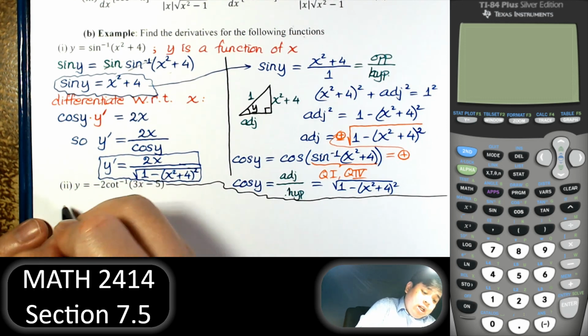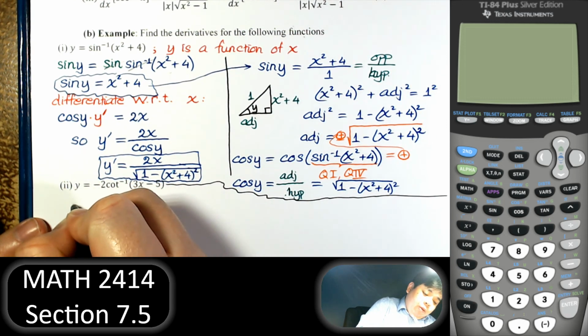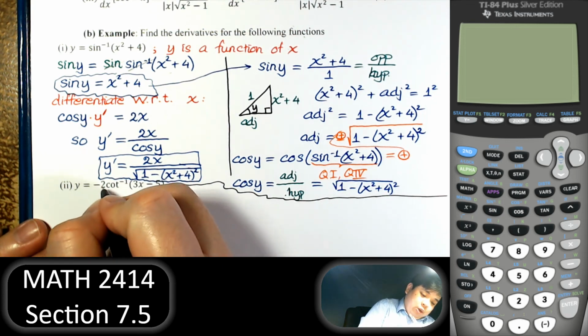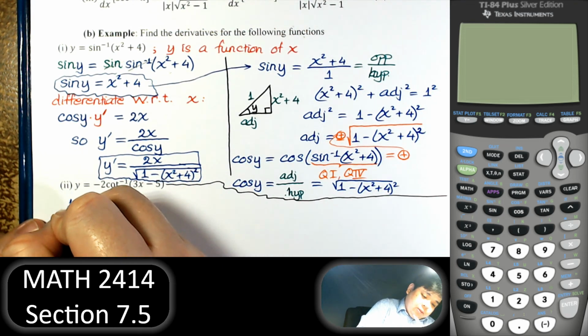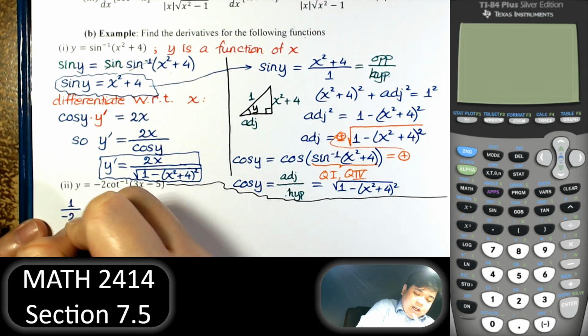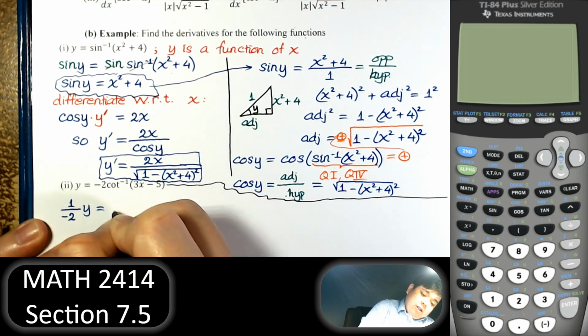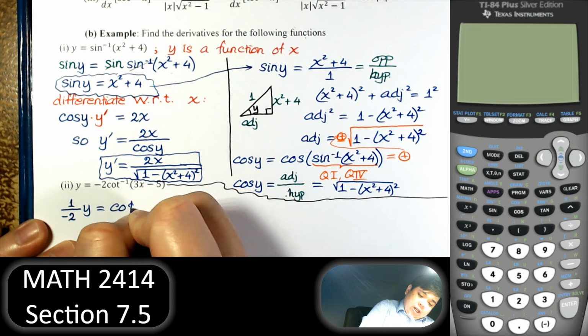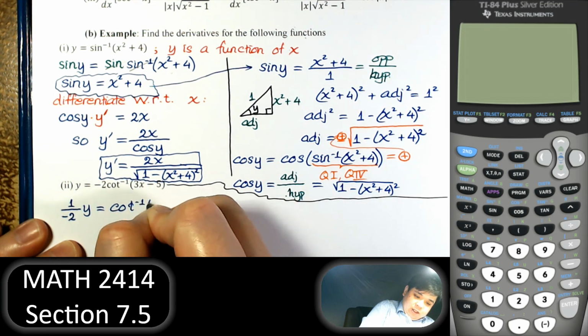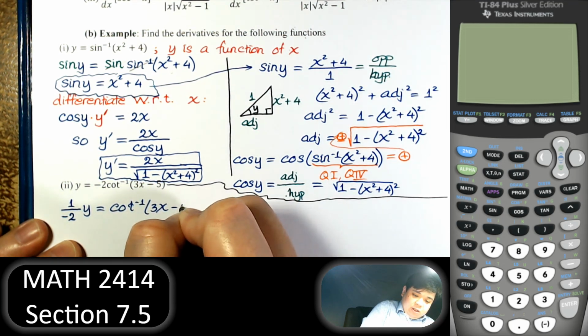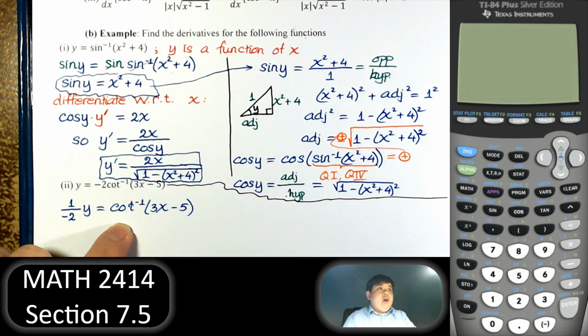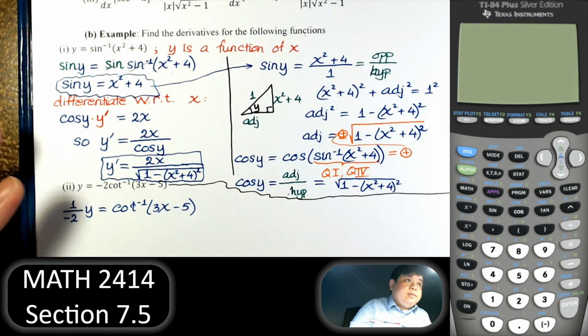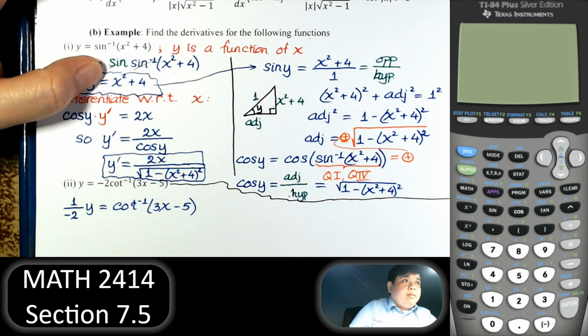And the first step we say y divided by -2, or we say divide by -2 on both sides. We have cotangent inverse of 3x minus 5. So we have to get the inverse function by itself. Then we can take the inverse on both sides. Right?